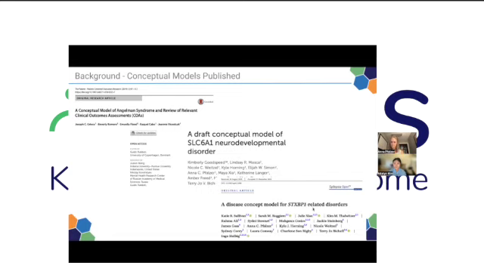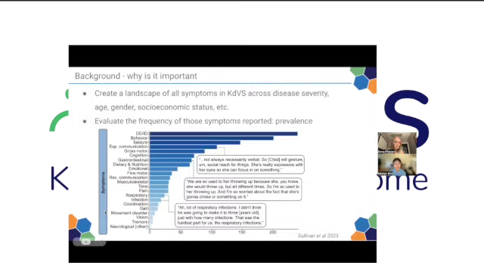On the next slide, I have some of the figures that I pulled out from the STXBP1 paper that was done through a genetic counselor program at CHOP.